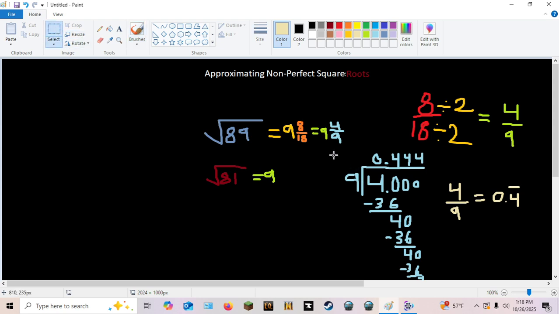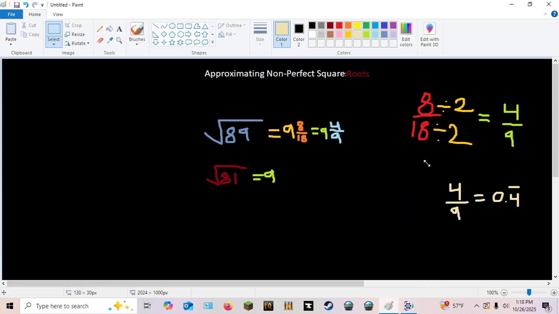So to make 9 and 4 ninths, you need to add 9 to 0.4 repeating, which is 9.4 repeating.